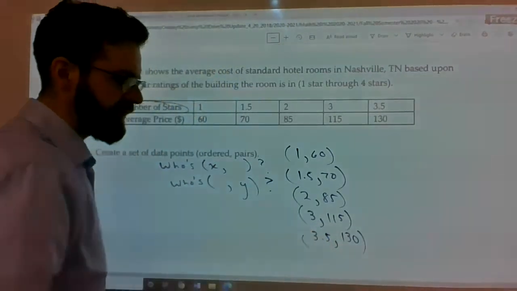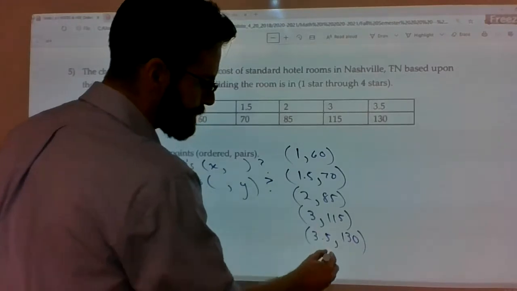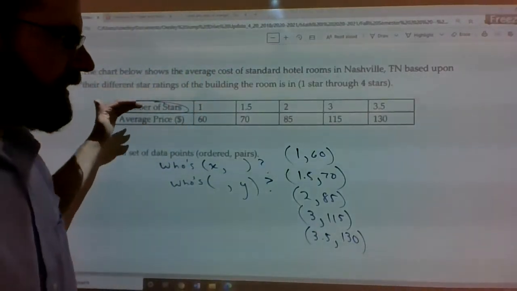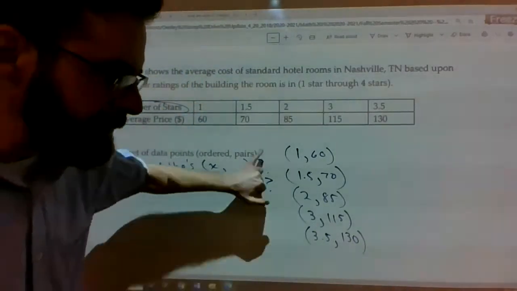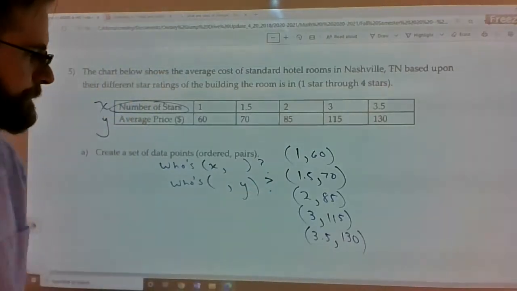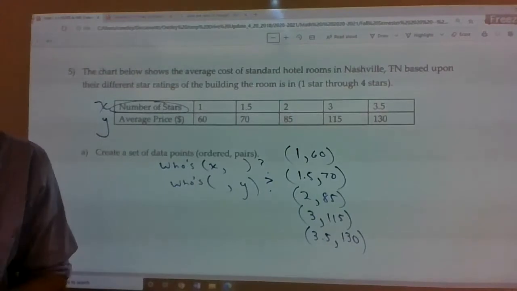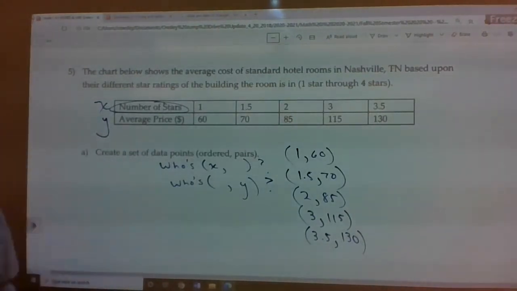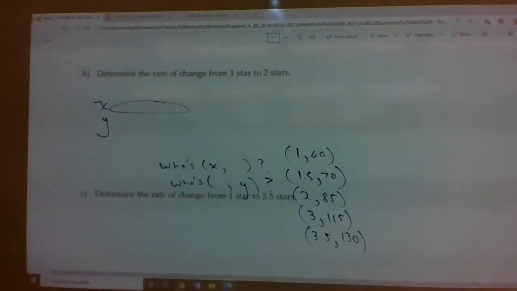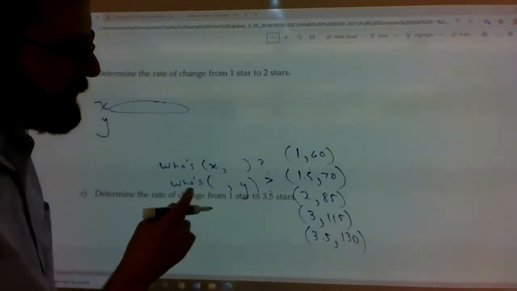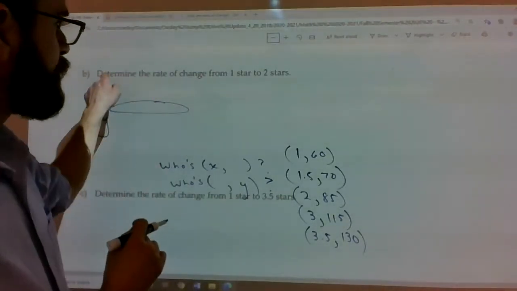So that's all we're saying right here is that if you get a set of data points in a table, they can be rewritten as ordered pairs. Now, where am I going with this? I want you guys to use these ordered pairs to determine rates of change.